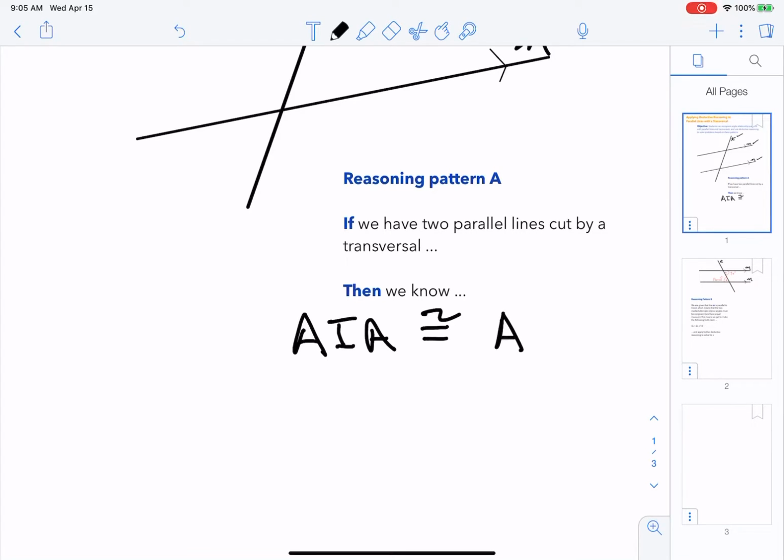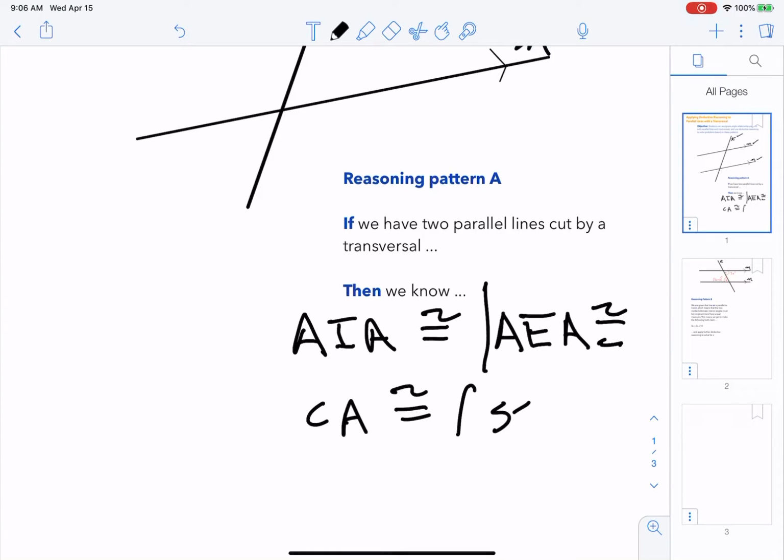Also, alternate exterior angles are congruent. And corresponding angles, that's not California, corresponding angles are congruent. And then finally, same side interior angles. They're not congruent. They add to 180 degrees.